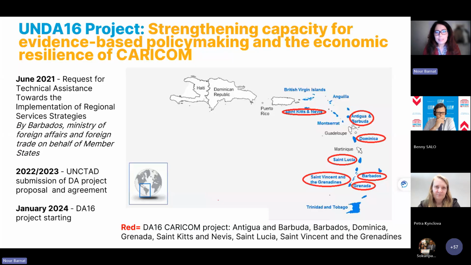TiSSTAT is being implemented in many countries, not only UEMOA. We are engaged with CARICOM countries, you see in red here, to strengthen their capacity to produce trade in services statistics. And this year we will launch a pilot with Dominica and Grenada.